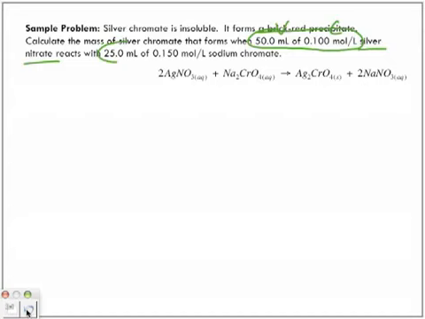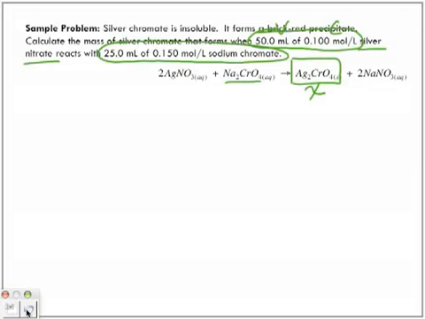We've got the volume here and the concentration of the sodium chromate, so we can use that again to find the number of moles. What we're ultimately trying to find is that one, the mass of the silver chromate.